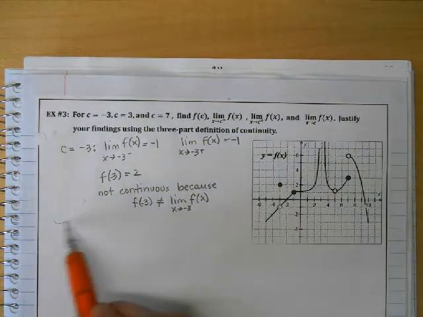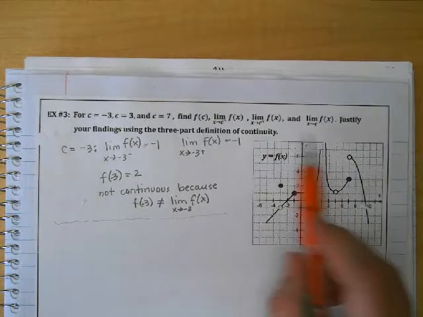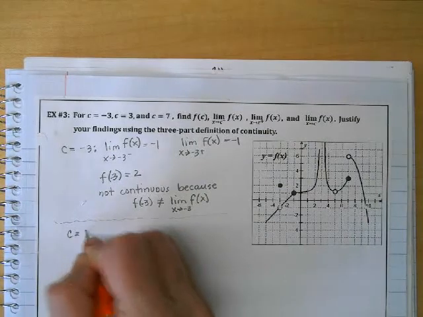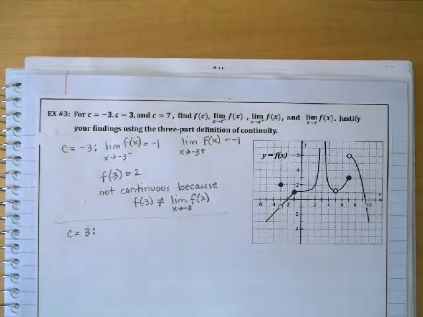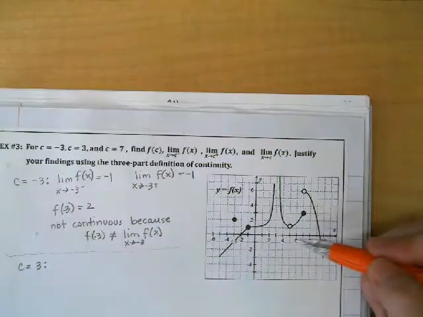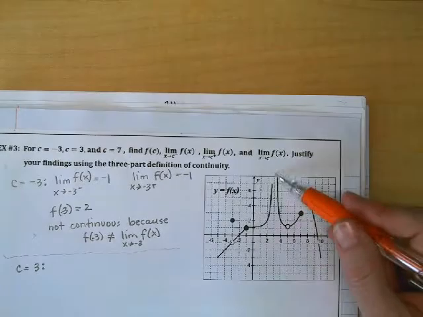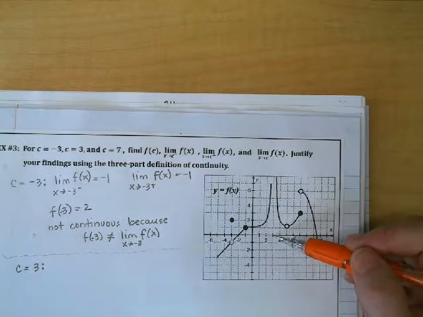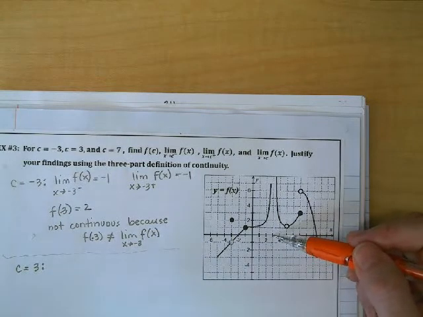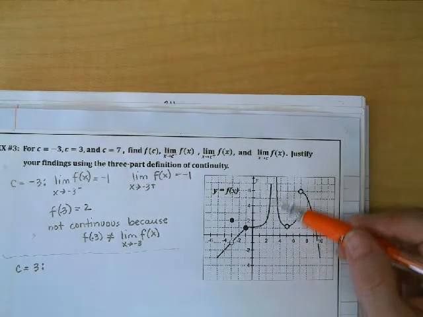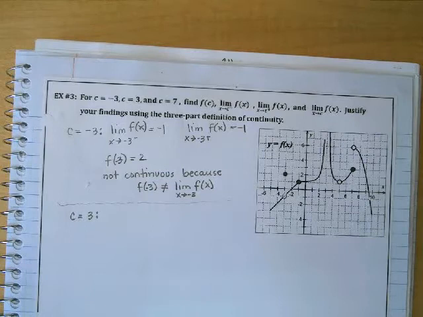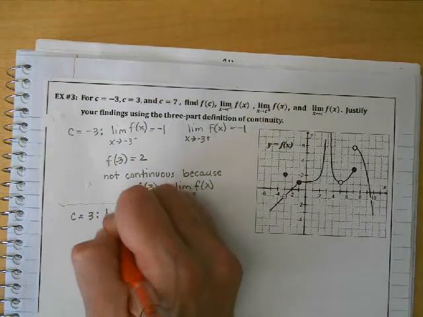All right, let's look at c equals 3. Okay, so I'm just going to look at that right there. Oh, I know it's definitely not continuous. There's an asymptote here. So I already know f of 3 is undefined, and the limits coming from the left and the right don't exist. So I'm going to prove it, though. So here we go.